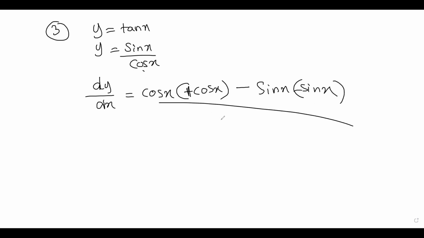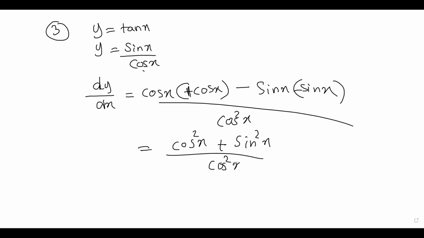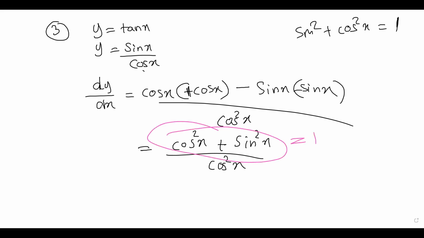Divide by down one squared, it is cos squared x, yes. Now cos into cos, it is cos squared x, minus into minus becomes plus sin squared x over cos squared x. You know sin squared x plus cos squared x equal to what? 1, no? So this value is equal to 1.